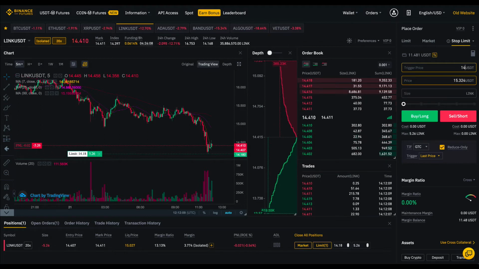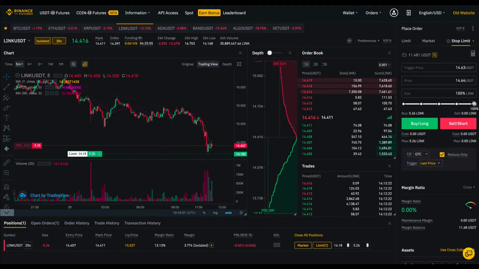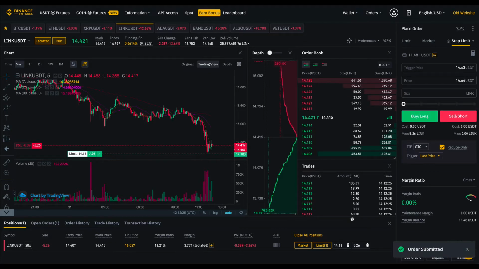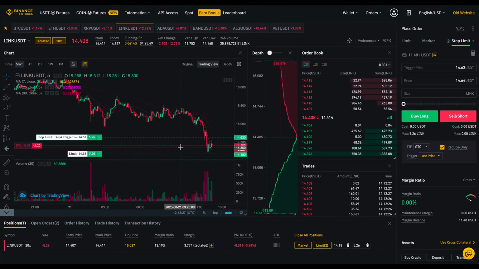No, dot 63. And then we have to go a price higher than 14.63. We go 14.64. Entire position, and we'll have to buy ourselves out of that one. Once again, it will draw there, and you'll see open orders there.